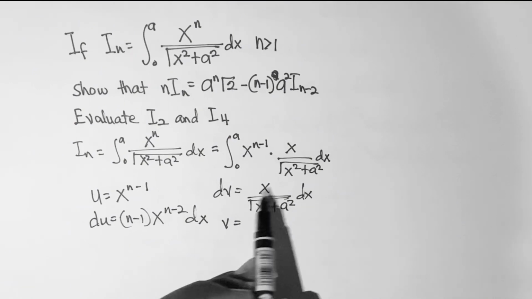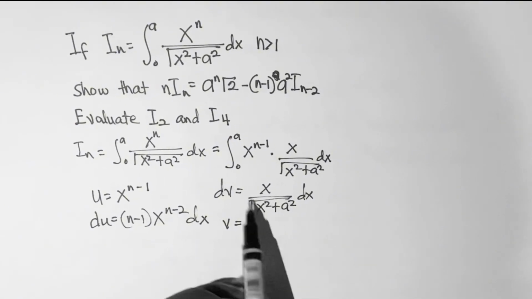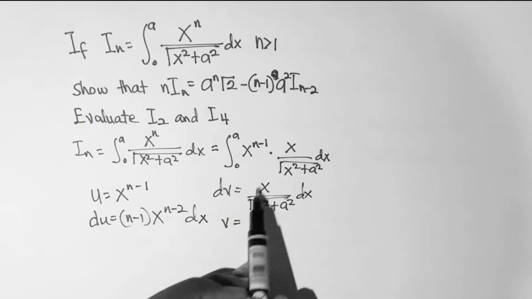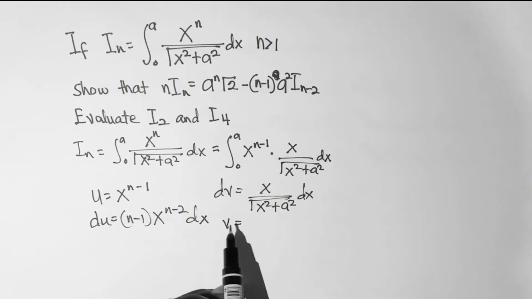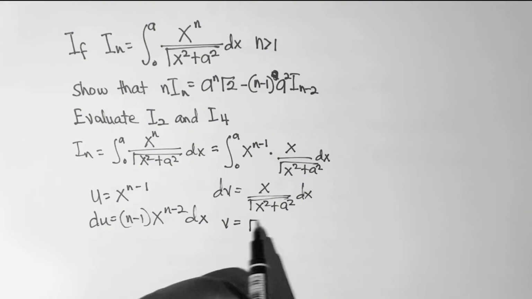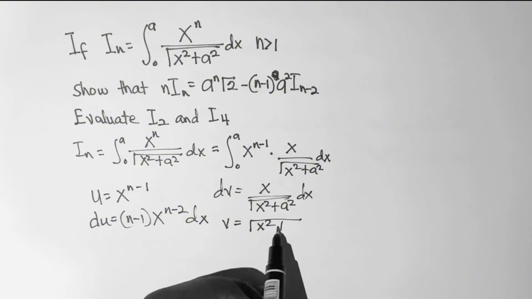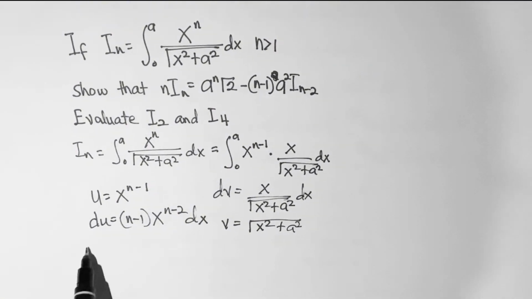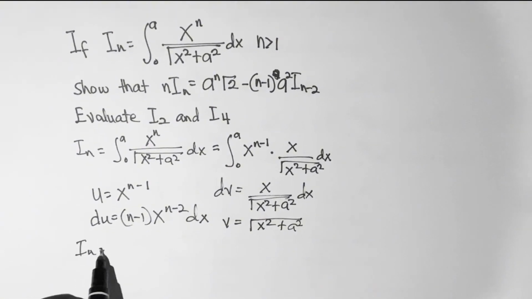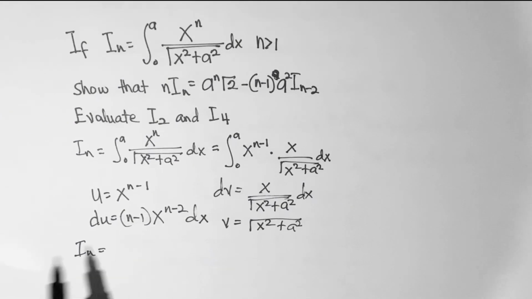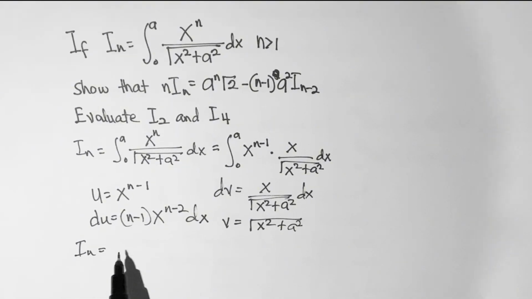I will attach it in the description, so you can watch that video to understand how we do this integral. Now if you do this, you get square root of x squared plus a squared. So I of n is equal to, we have u v, so this is our u and this is our v.